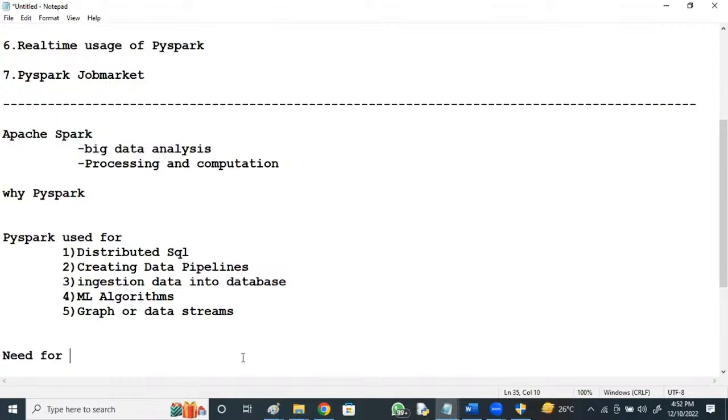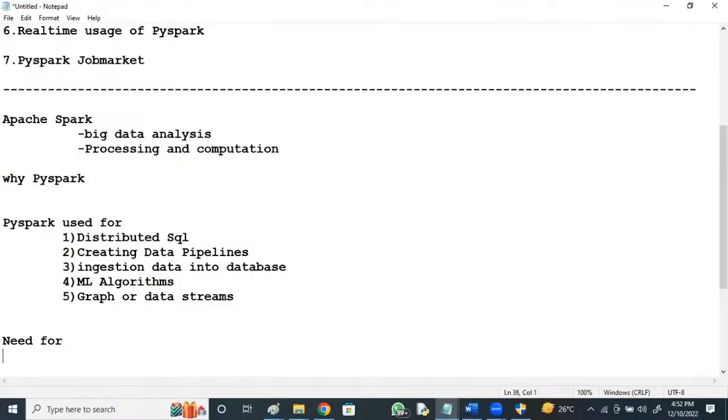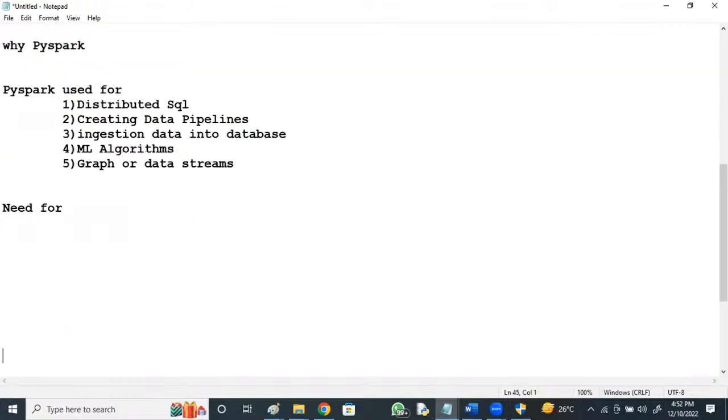Your data is distributed across multiple systems. The main advantage of Spark compared with other technologies is very high speed processing. Your data gets distributed across multiple systems and is processed in parallel.